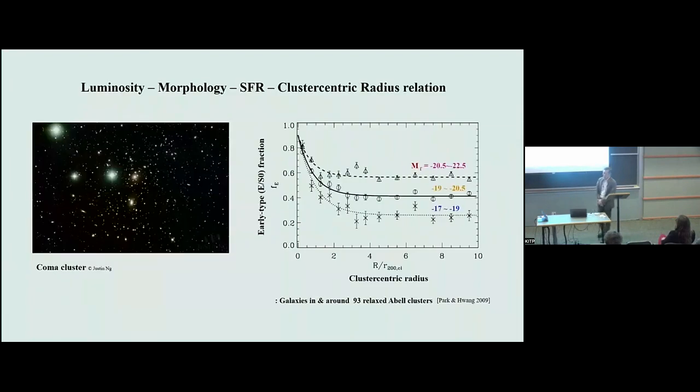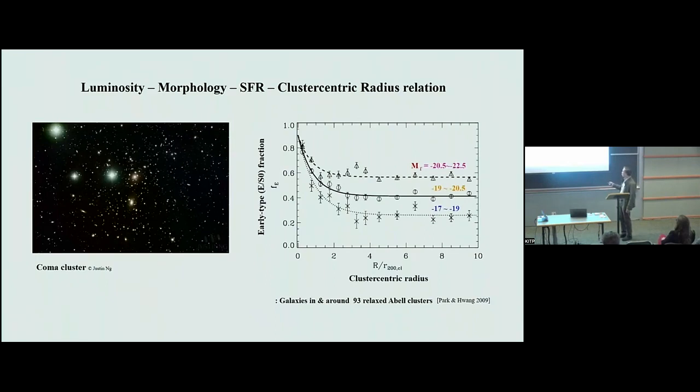Before I start, I'd like to review a few observational findings. On the right, I'm showing the fraction of early type galaxies in galaxy clusters as a function of cluster-centric radius.